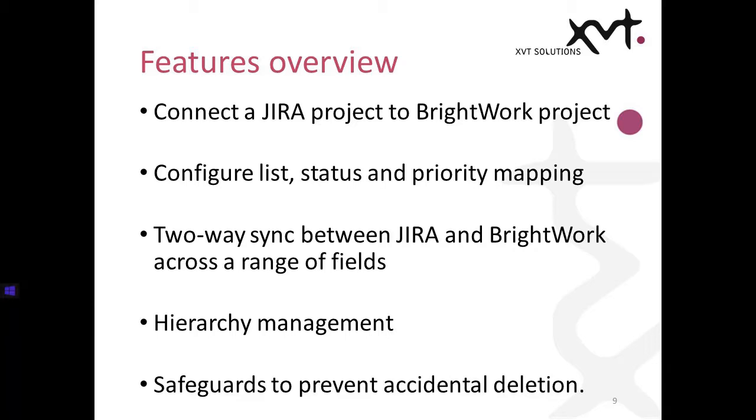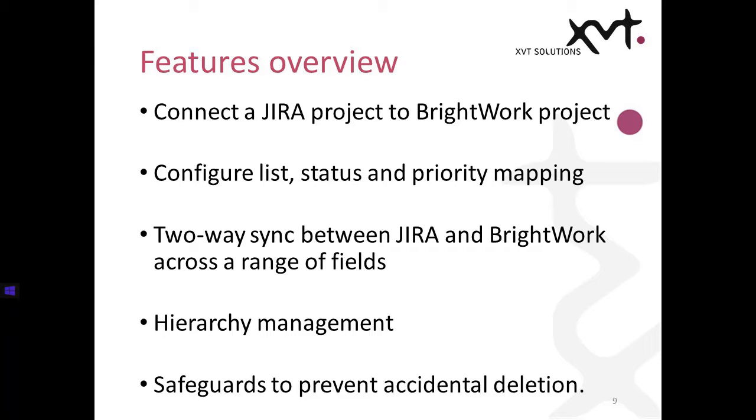There's a two-way sync between JIRA and BrightWork across a range of fields like title, last updated, assignee, due date, effort. And it also manages the two different hierarchies that are available.